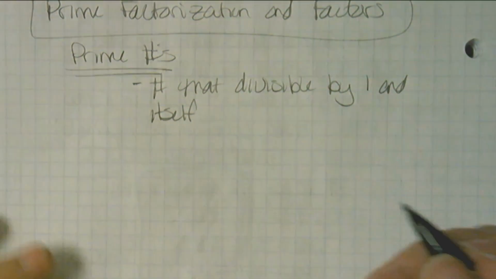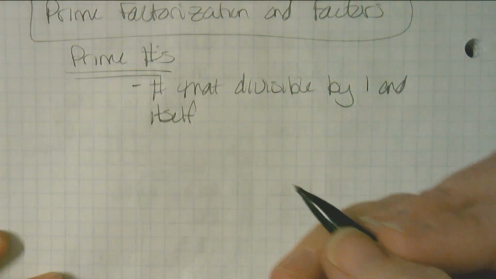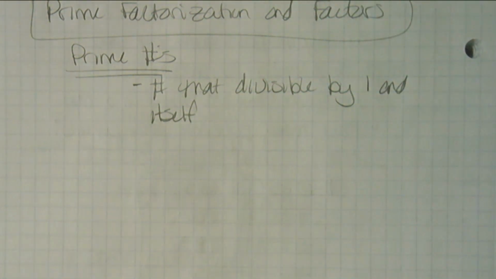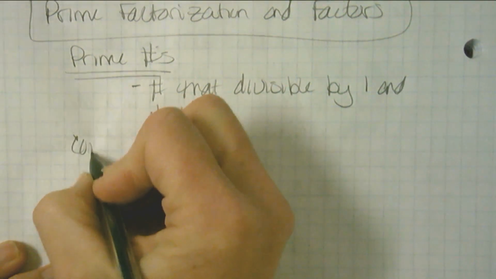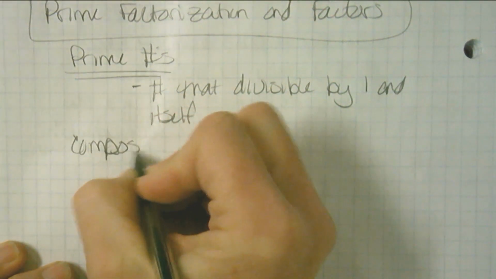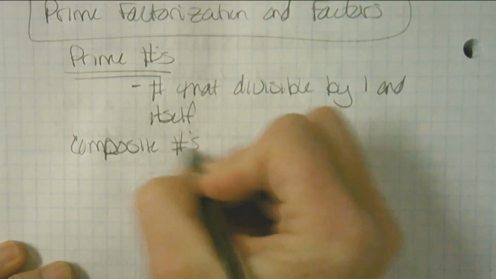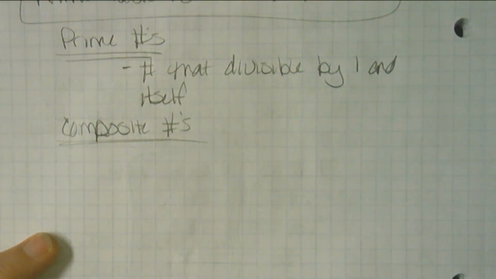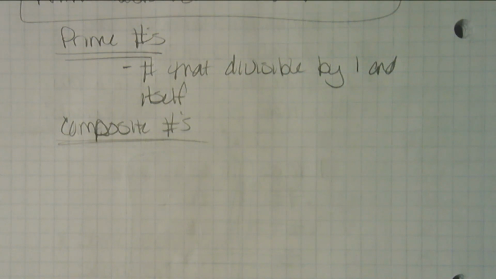If it's not prime, what is it called? Like 2 is prime, 3 is prime, 4 is not prime. If 4 is not prime, what is it called? Nico? Composite. Excellent. Composite numbers. I'm not going to spend a lot of time on those just because I want to talk about prime factorization. In your homework, you may be identifying prime and composite numbers.